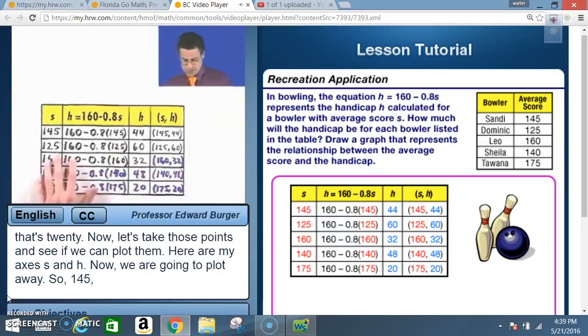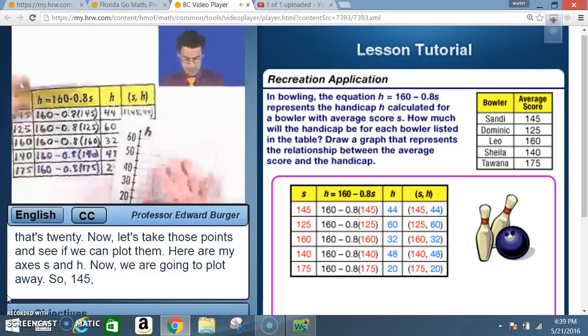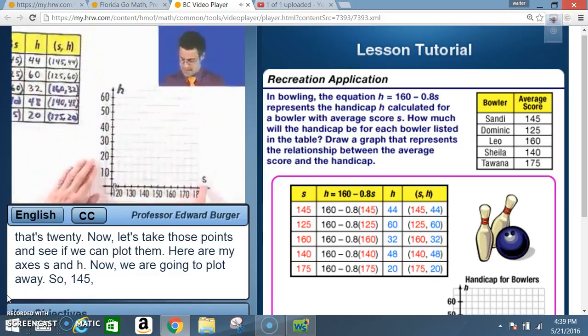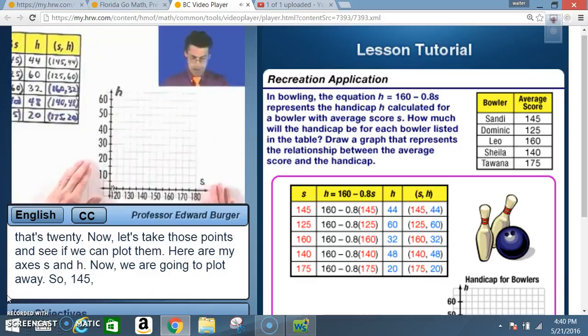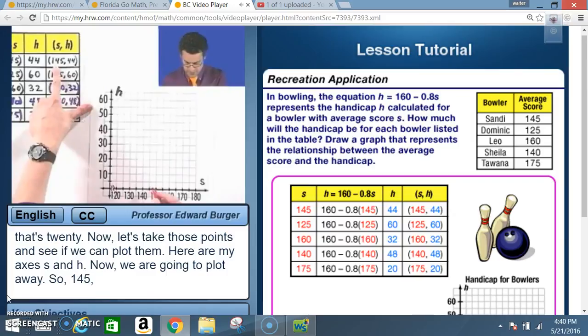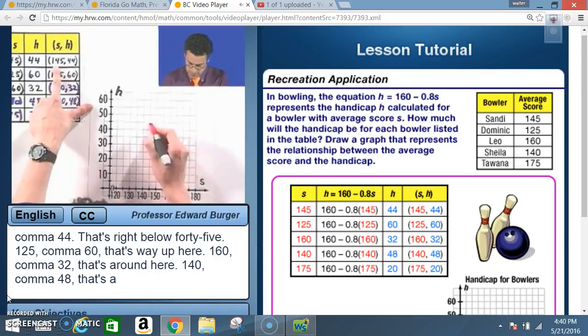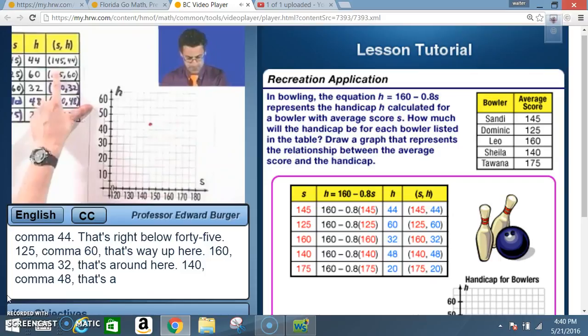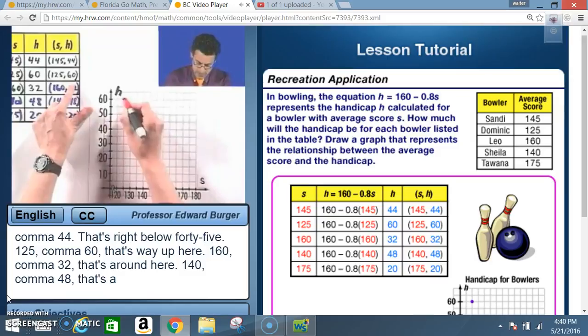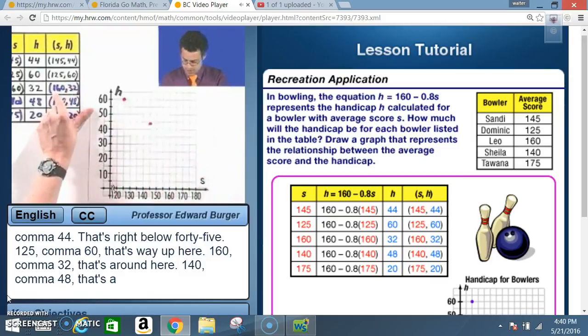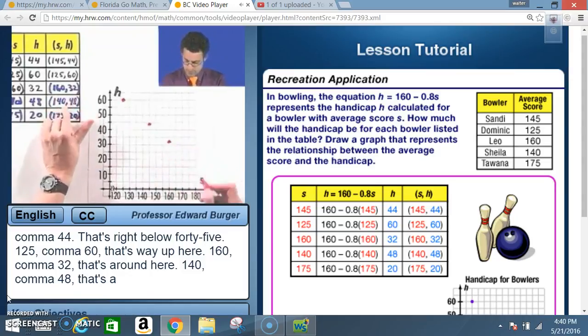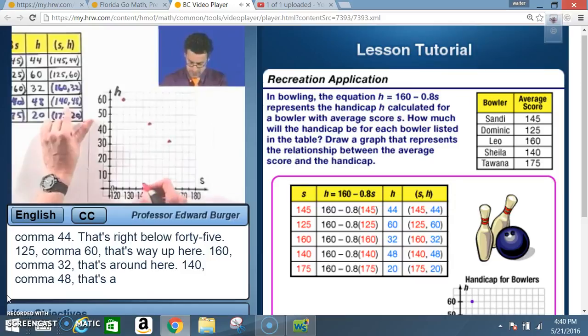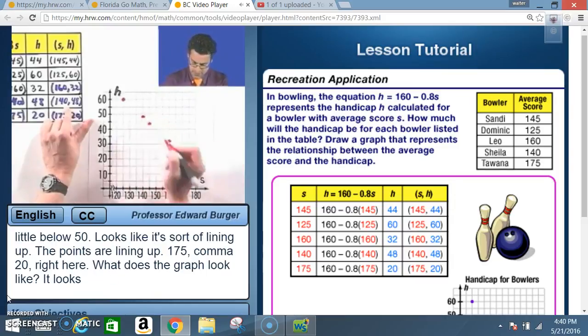Now, let's take those points and see if we can plot them. So here are my axes, S and H, and now we're going to plot away. 145, comma 44, that's right below 45. 125, comma 60, that's way up here. 160, comma 32, that's around here. 140, comma 48, that's a little below 50.